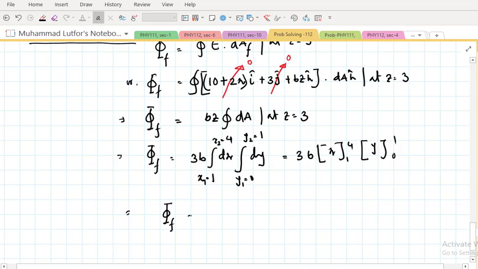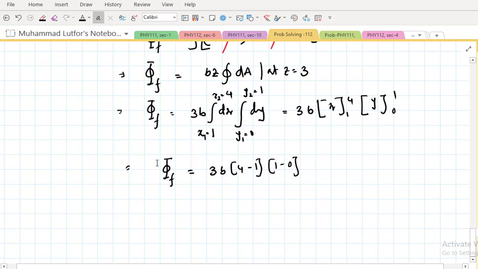Then the flux for the front surface would be thrice b into (4 minus 1) into (1 minus 0). Then it should be basically 9b.